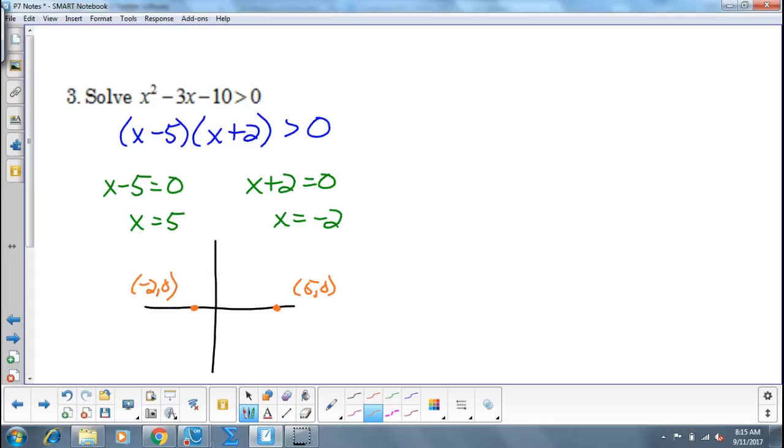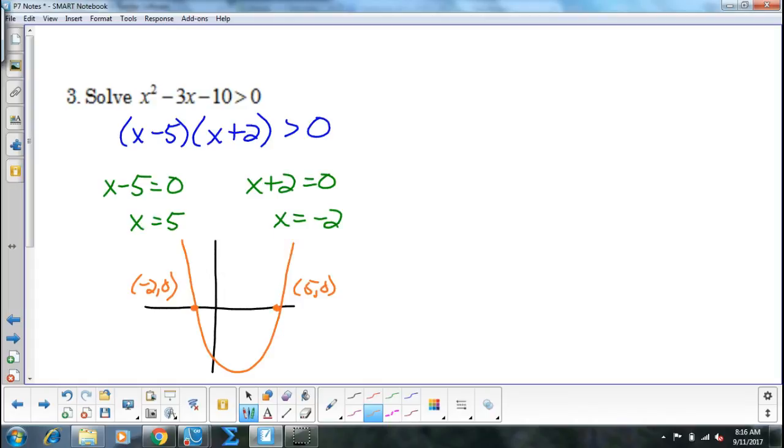Okay? Now, knowing what I know about parabolas, I know that this parabola opens up because it's got a positive a value. So that means that this parabola is going to go like that.